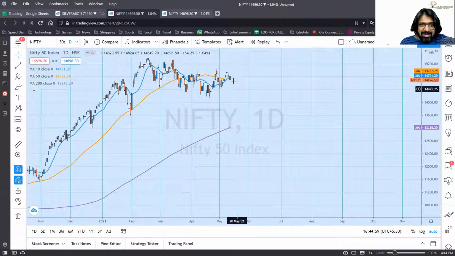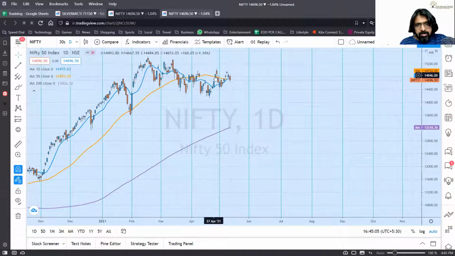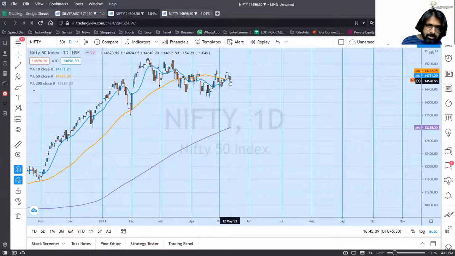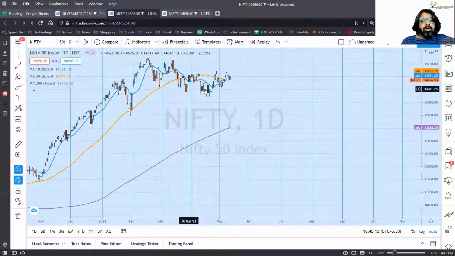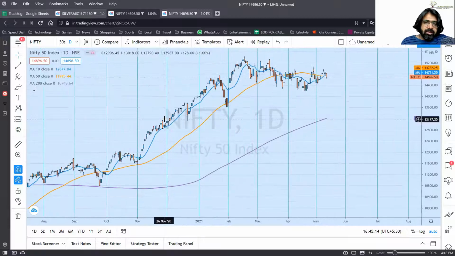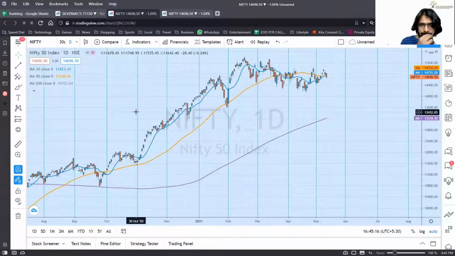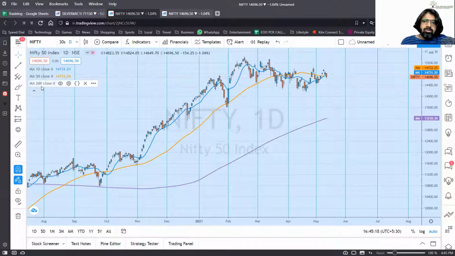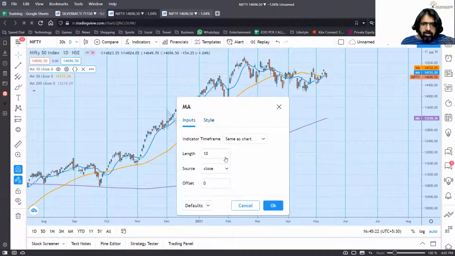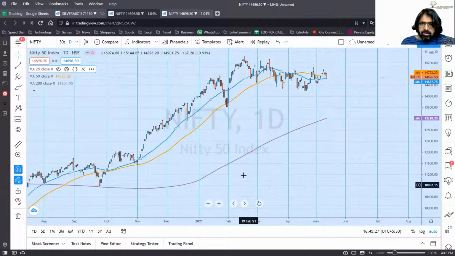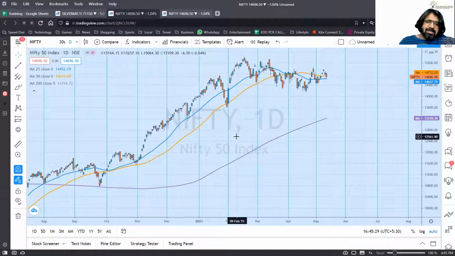The intermediate term average was upwards, then it turned sideways, and now it's sloping downwards, if you can see here. And the short term average will just keep fluctuating up and down as per the price. You can also make this 10, or if you are not comfortable with that short, you can make this a 25 also. There you go. So that is up to you.